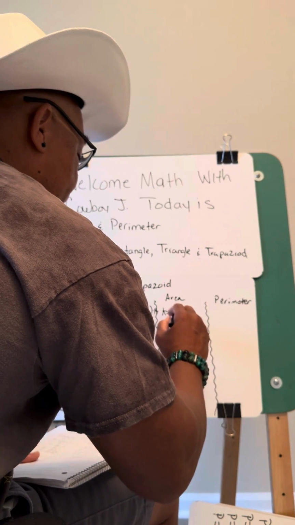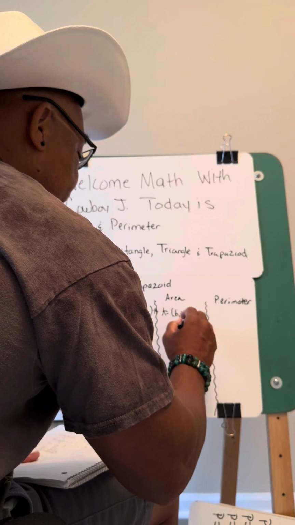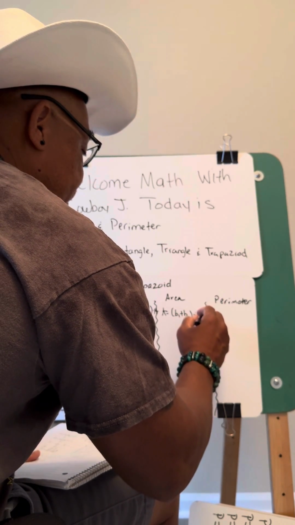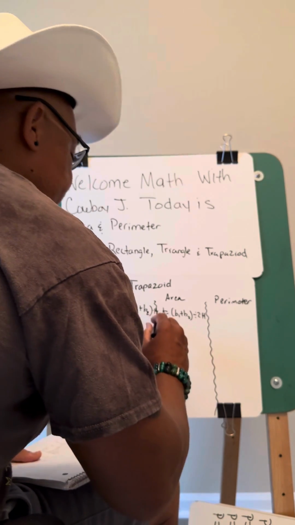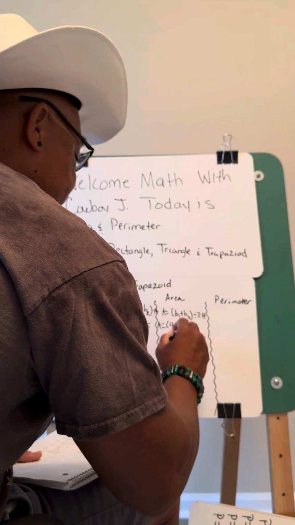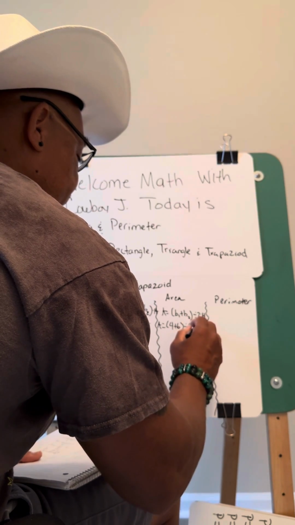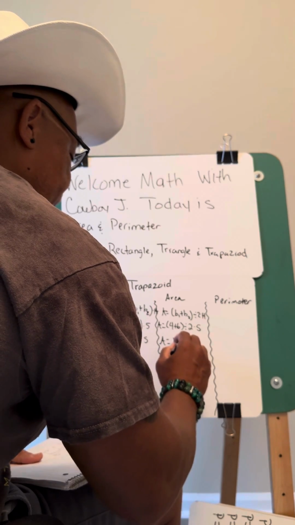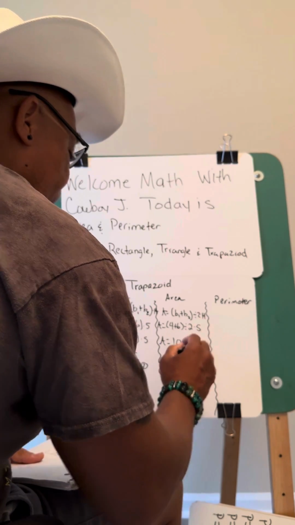When I have my students, I always have them write it in a kind of simple form. I have them write B1 plus B2 divided by 2 times H. So my students will write 4 plus 6 divided by 2 times 5. So 10 divided by 2 times 5.